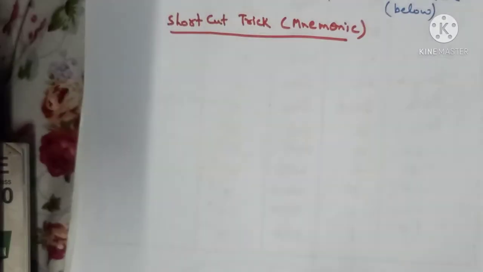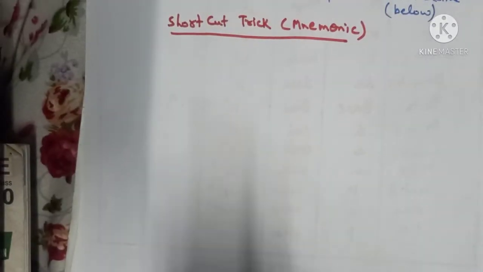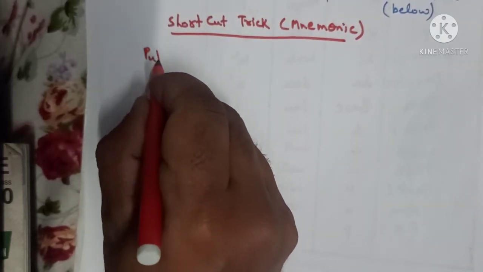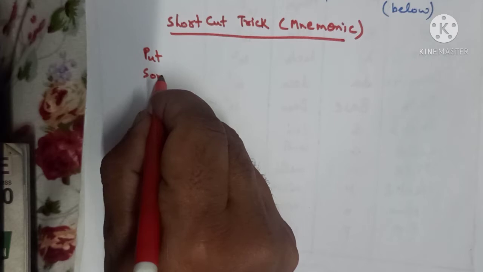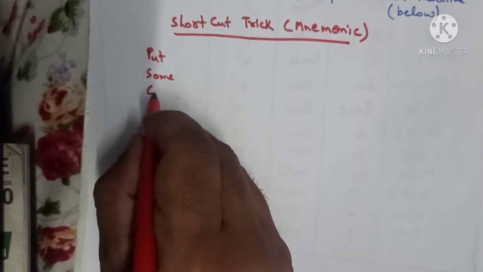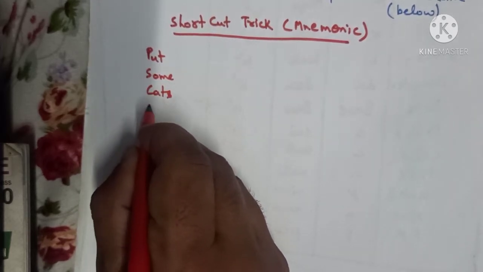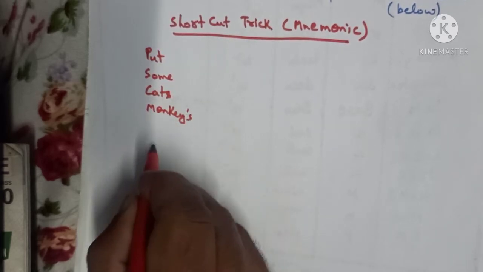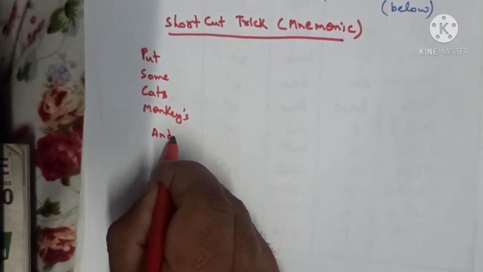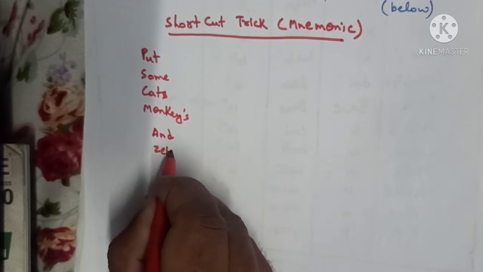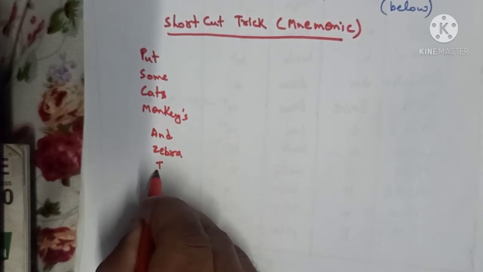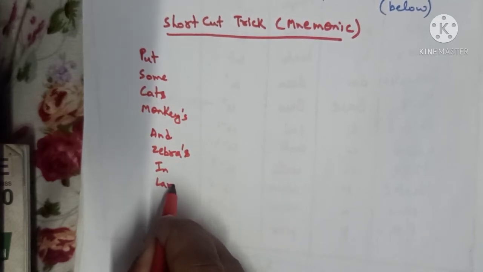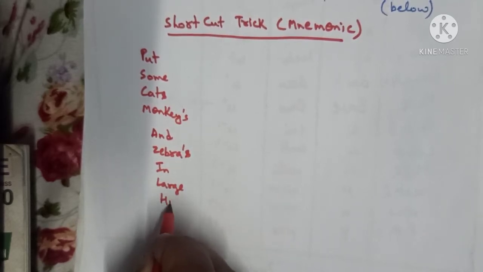Now, first of all, we'll write the mnemonic. Start like this: Put some cats, monkeys, and zebras in large hired cages.